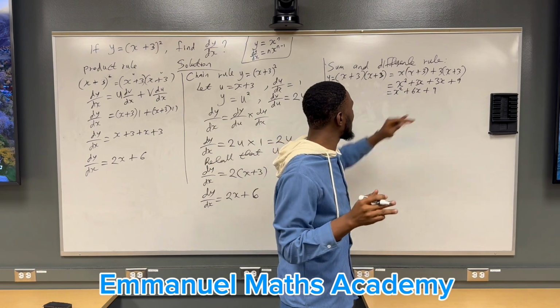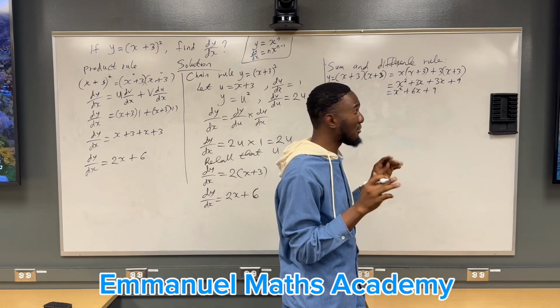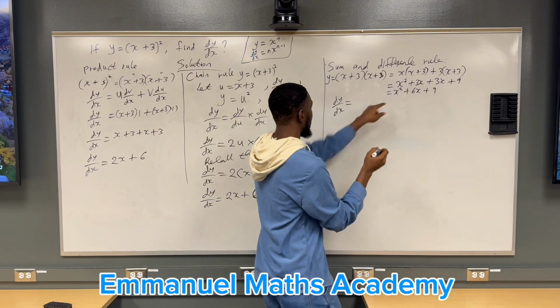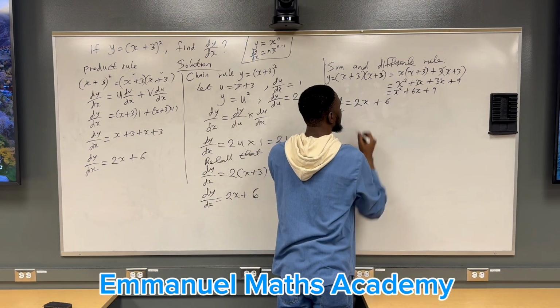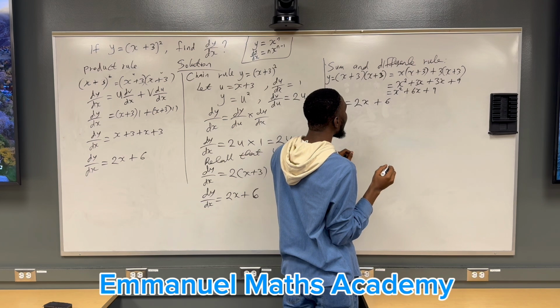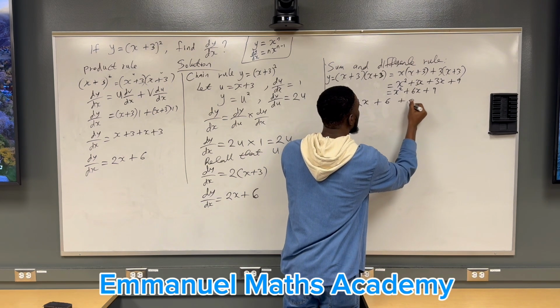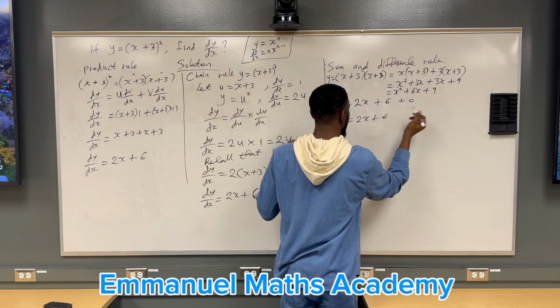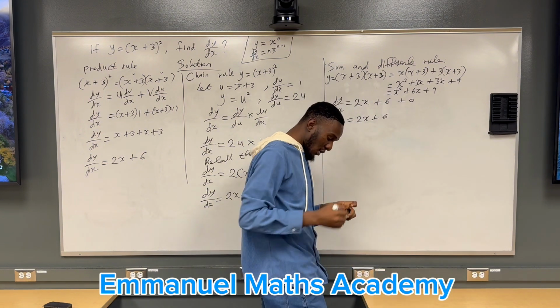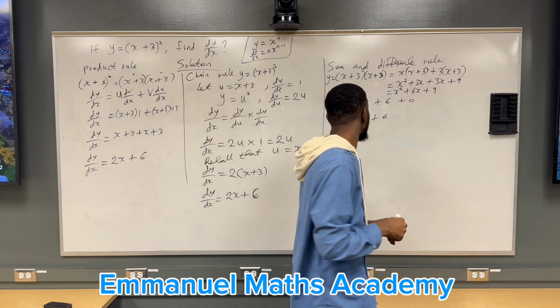We solve this using our normal power rule. So here we have 2x plus 6 plus 0, which is 2x plus 6. Because this is a constant, when you differentiate a constant, you get 0.